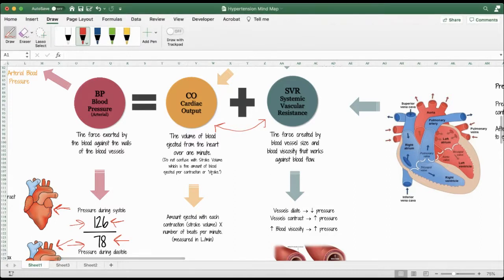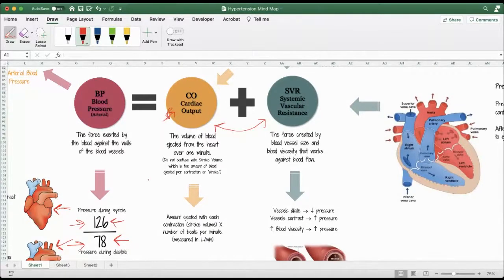Cardiac output is the amount, or volume, of blood that's ejected from the heart over one minute. That's always what cardiac output is.